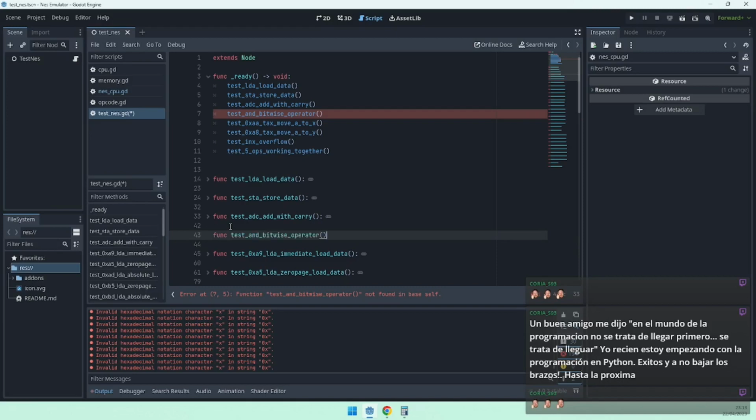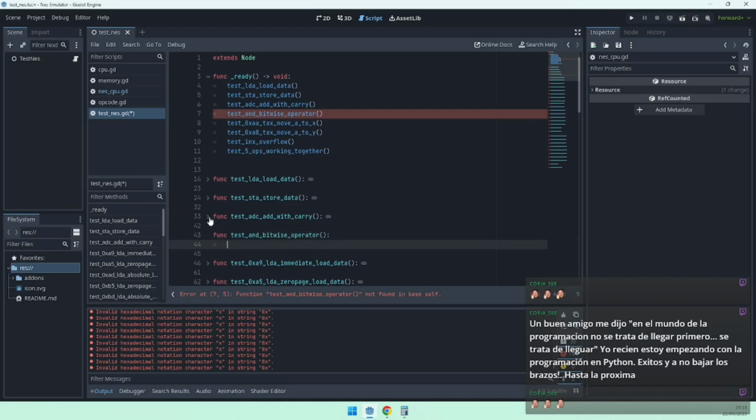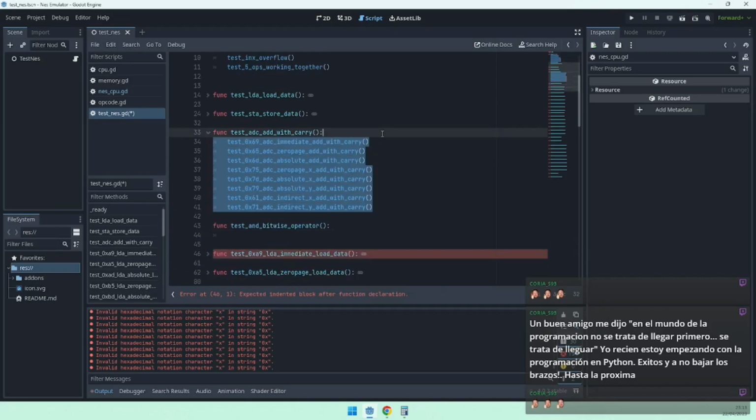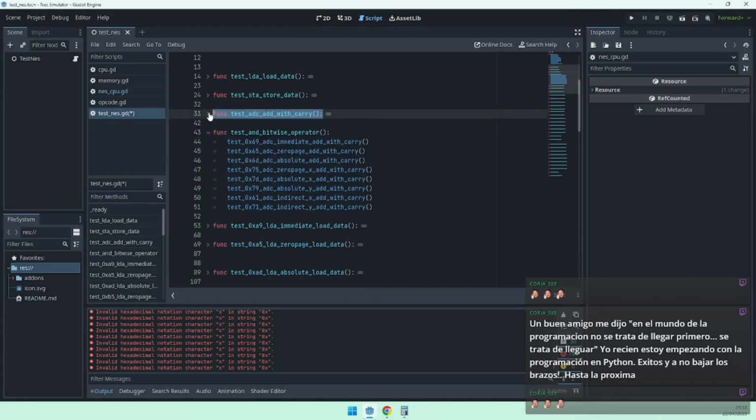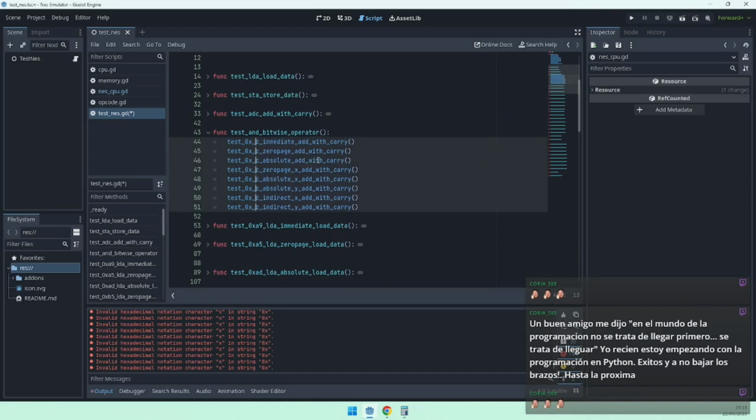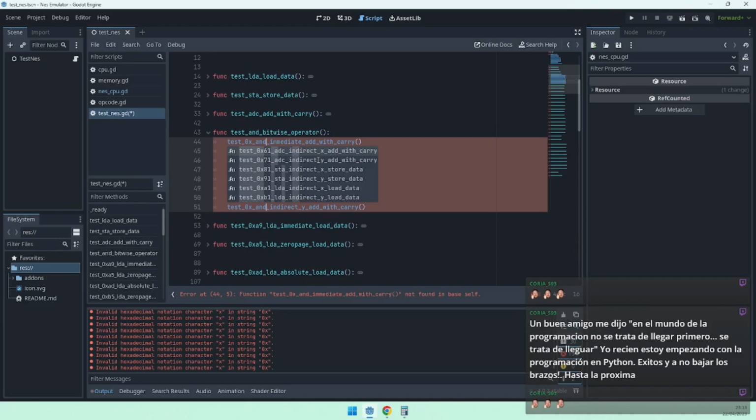Oh, test and copy this and let's replace it fast. Let's remove this. Let's delete this. Change it to 1. Bitwise and.